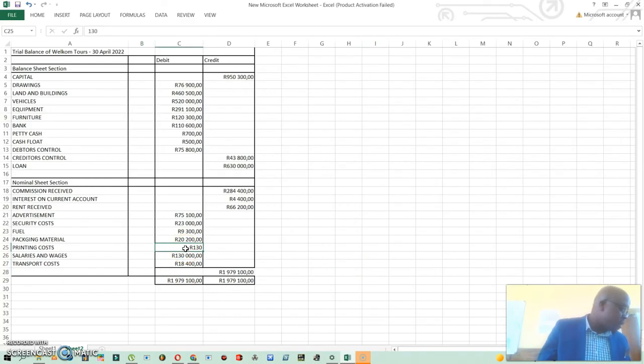Then your printing costs was 20,200. So this is how your transactions are going to look.